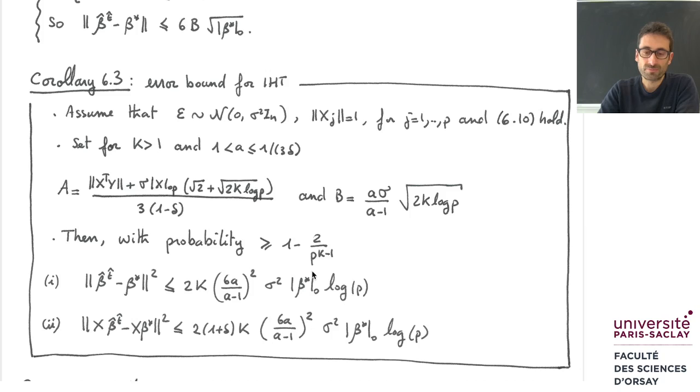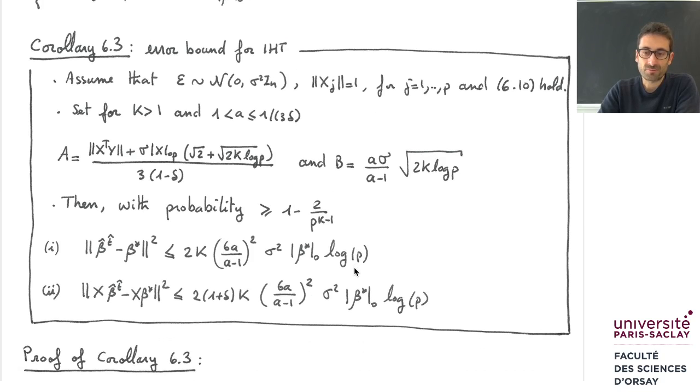So this is simply a statement with b equal to this, and this bound with b equal to this. So all we need is to prove that A and B fulfill the condition 6.11 with at least this probability.